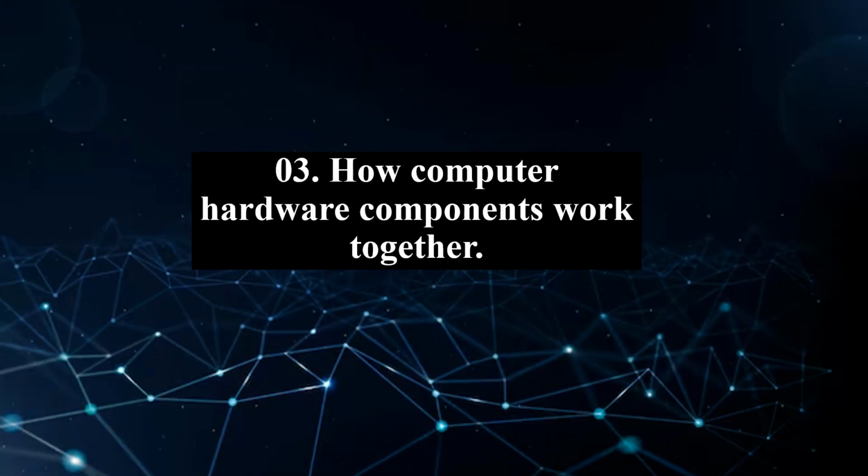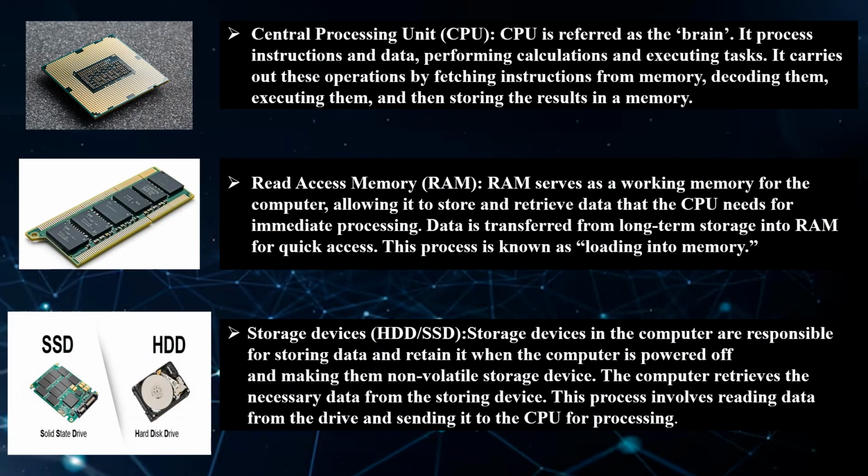This slide shows how different hardware components work together to process data. Input devices send data to the CPU, which processes it using memory, and the results are shown through output devices or stored. The CPU does the thinking, but it needs a workspace.